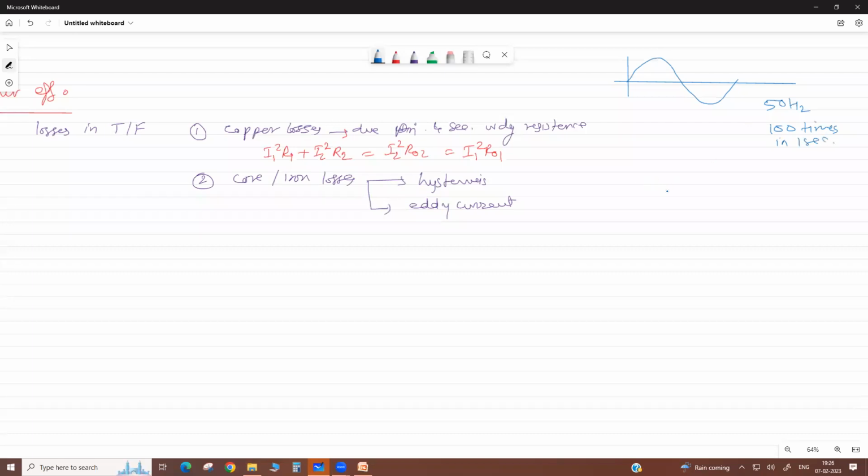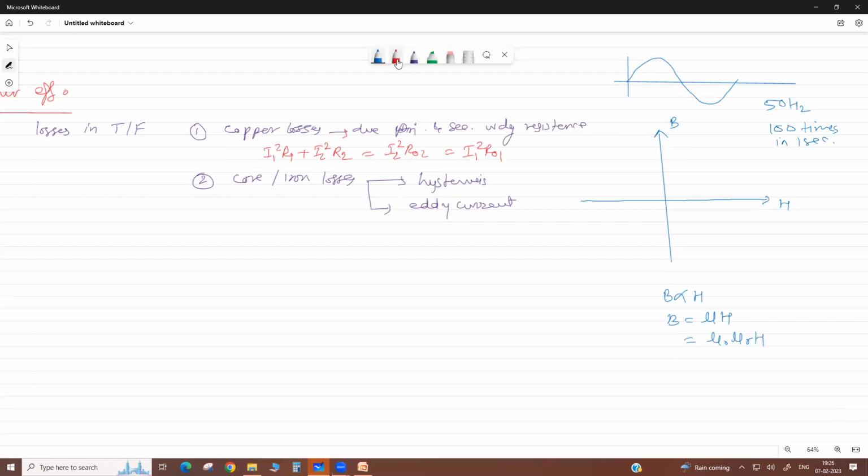See, 50 hertz. Suppose you have the magnetizing core, the transformer core. There is a BH curve loop. Here this is H, the magnetic field intensity, and this is your B, the flux density. Here B is directly proportional to H, or B equals mu H, where mu is mu0 times mu R, the absolute permeability.